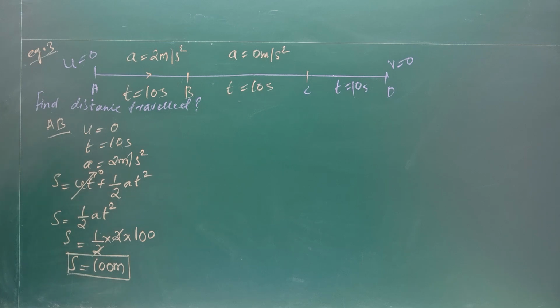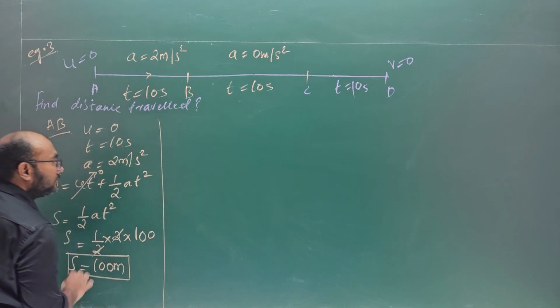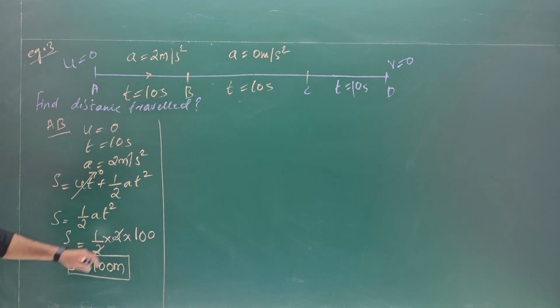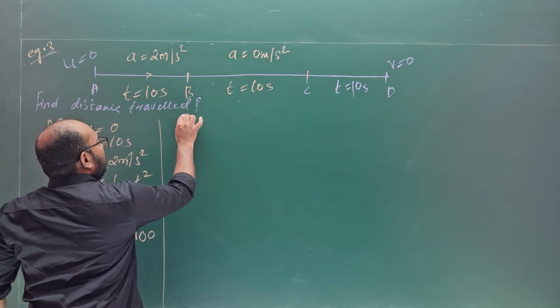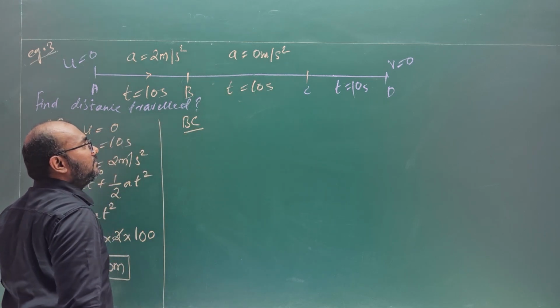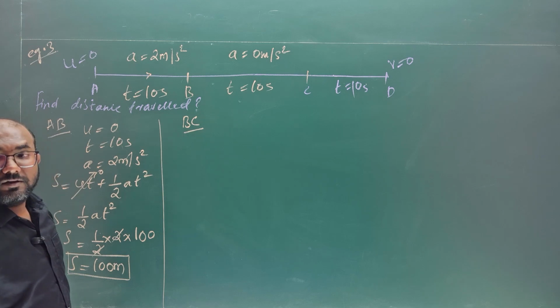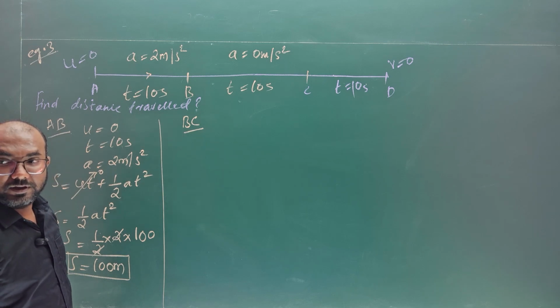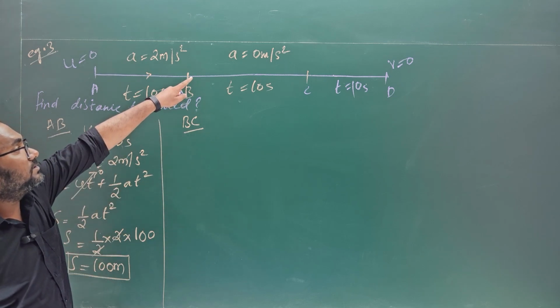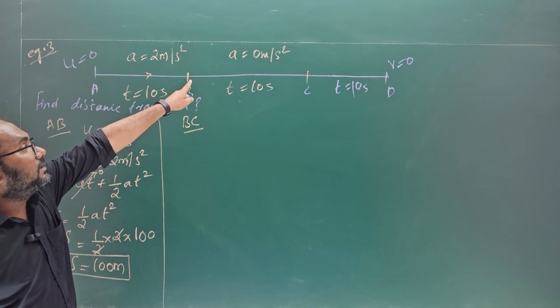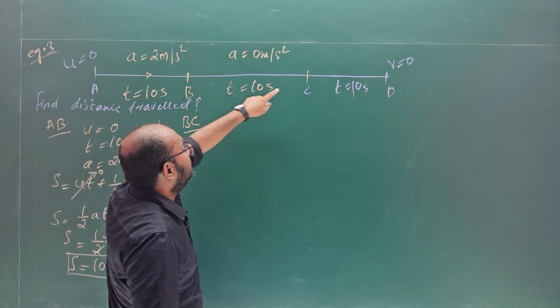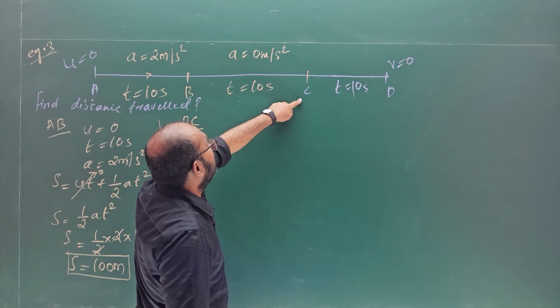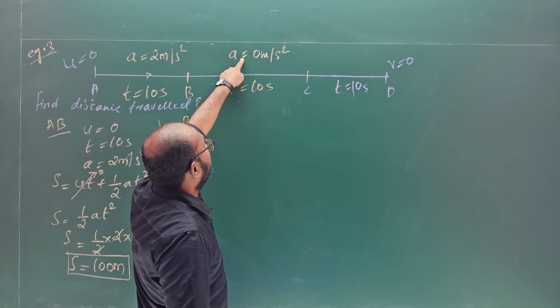Okay, now, second thing, from B to C. If we are going to calculate the distance traveled, we don't have the velocity, neither do we have acceleration. Why? Because it says that from B to C, the body is traveling with constant velocity, acceleration 0.